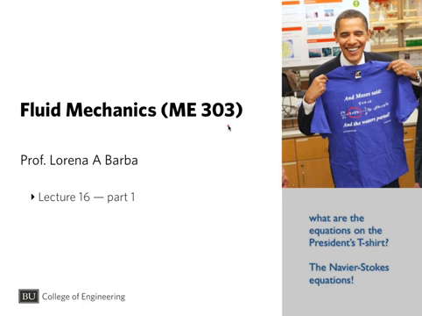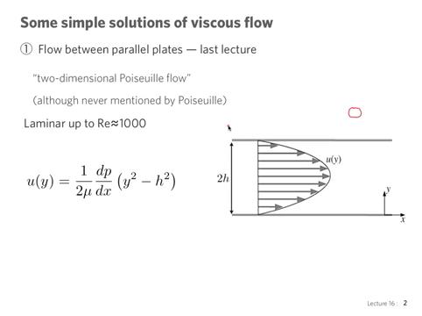And we saw first the case of flow between two parallel plates. For your information, the flow between two parallel plates is also discussed in the textbook by Post on pages 179 to 182.